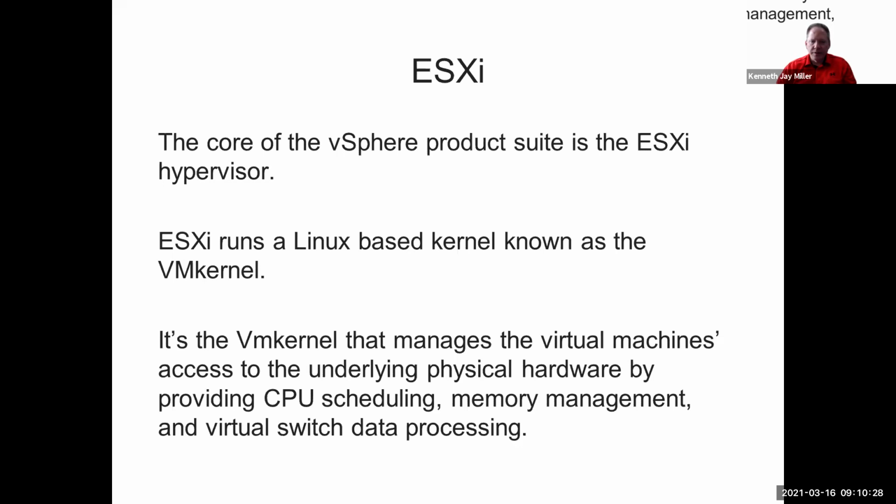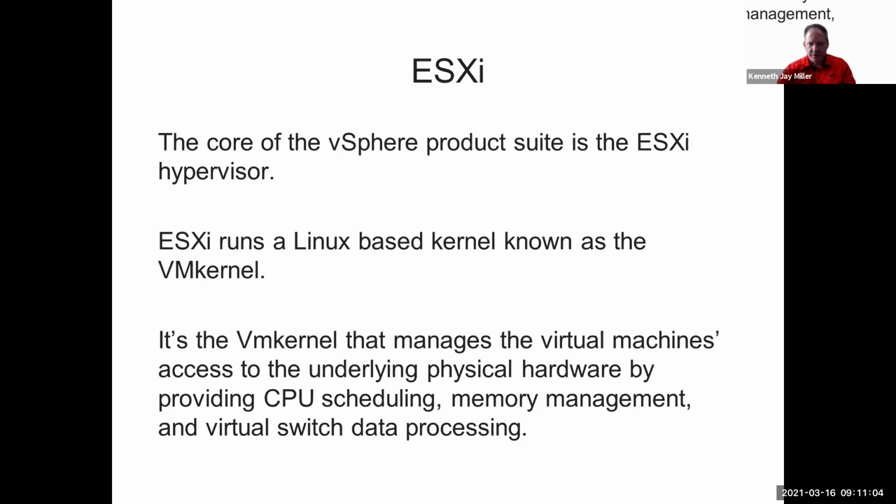So it's the VM kernel that manages the virtual machine's access to the underlying physical hardware by providing the CPU scheduling, the memory management, the virtual switch data processing, and so forth. Just like if you were to run Ubuntu or CentOS or Red Hat or Fedora or Tiny Core Linux, any distribution of Linux, you can install virtualization in it, and the kernel does most of that for us.